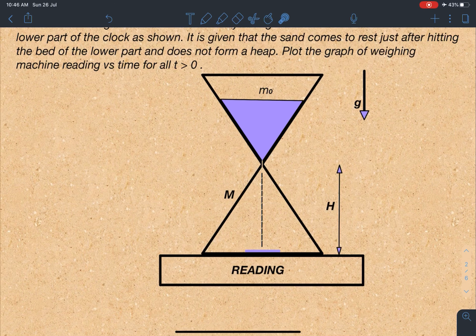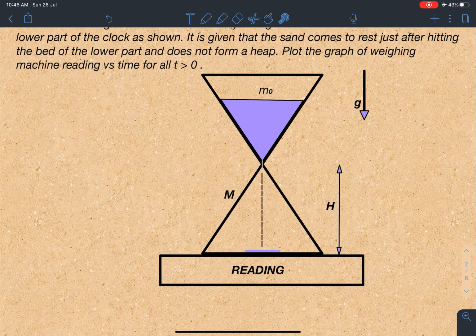Now it's a very interesting problem, and in order to solve this problem, we are going to divide this into different parts, because the behavior of this system is completely different. As the sand particles start coming down, some of the sand particles will be in mid-air, and when they are in mid-air, the behavior is different.